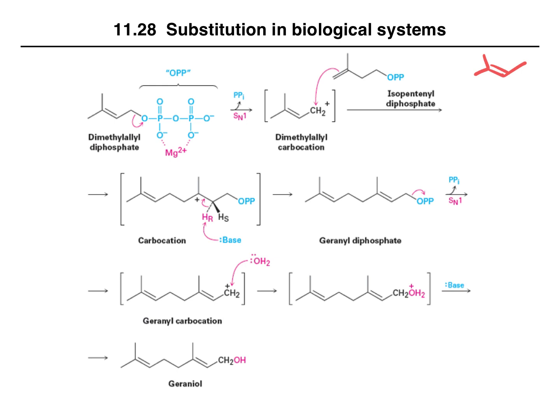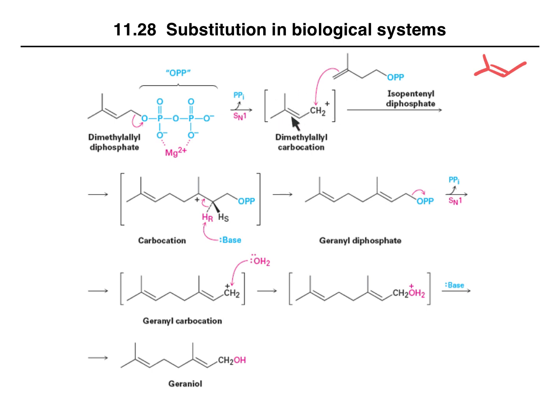Looking at the biosynthesis, we're starting out with dimethylallyl diphosphate, and this is a leaving group. And so the whole diphosphate leaves, and we get this carbocation. Now, this primary carbocation is called allylic, and it is stabilized by resonance.